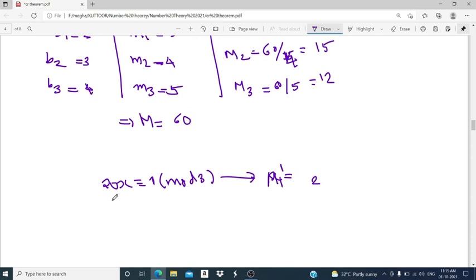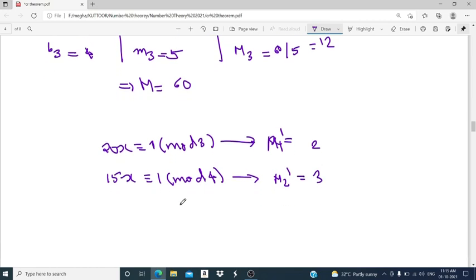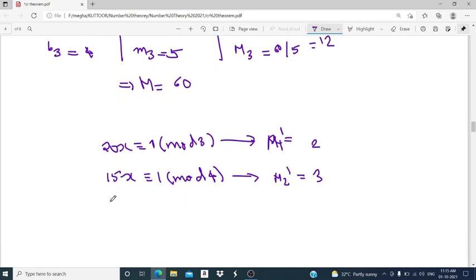Next consider the congruence 15x congruent to 1 mod 4. Then we will get the solution m2 dash as 3. Then the third one is 12x congruent to 1 mod 5.